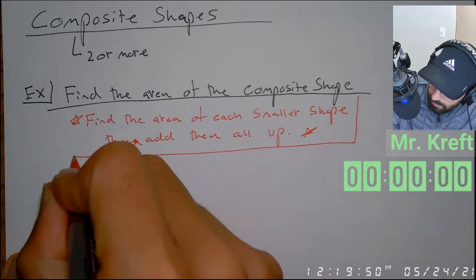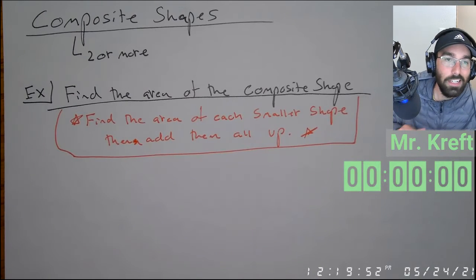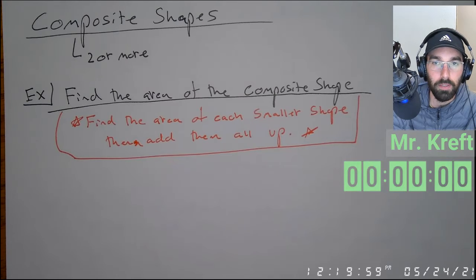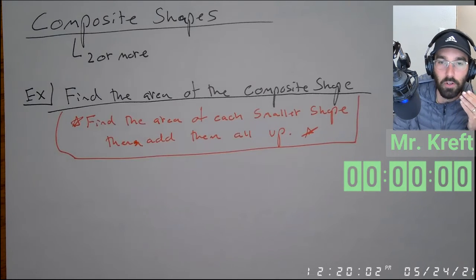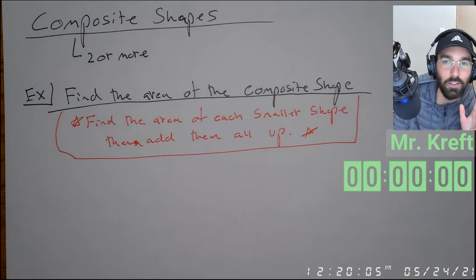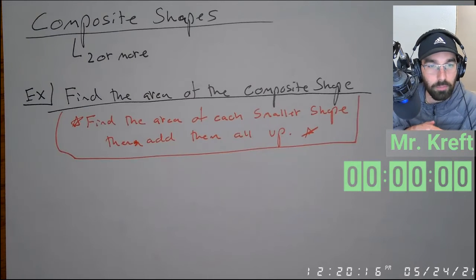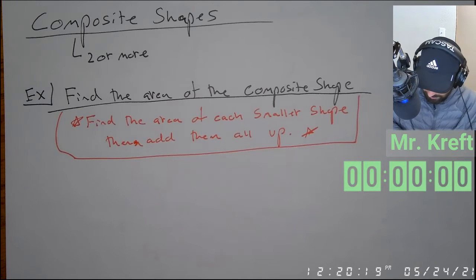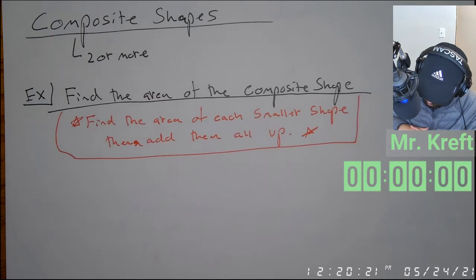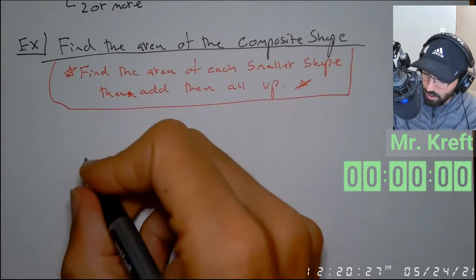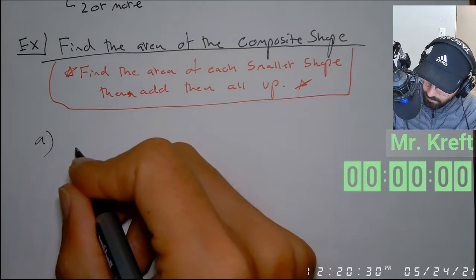That is my advice. Find the area of each smaller shape and then add them all up to find the area of the total shape. This is a technique that goes all the way back to the earliest records ever. To find the area of complex shapes, rather than trying to find the area of the complex shape all at once, break it down into smaller pieces, and then add them all up at the end.